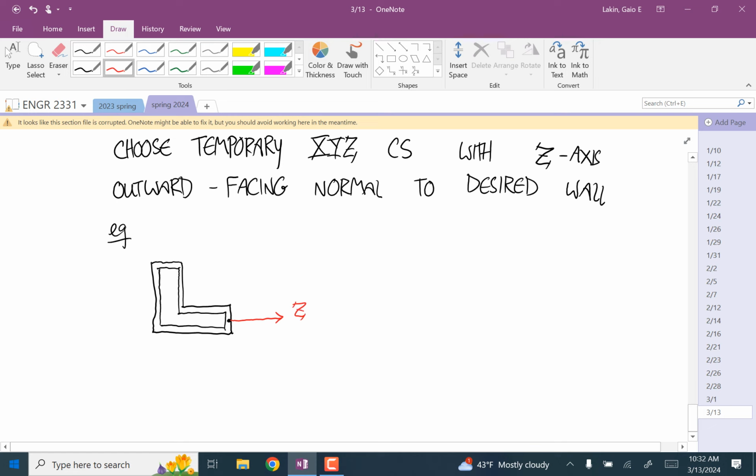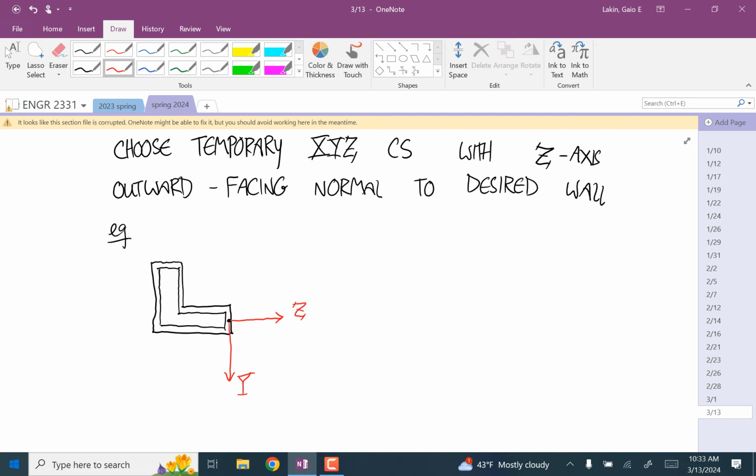That means your temporary Y-axis would be this. And that tells you what rotation you need to apply after you come up with your temporary values. Okay? Any questions about that?